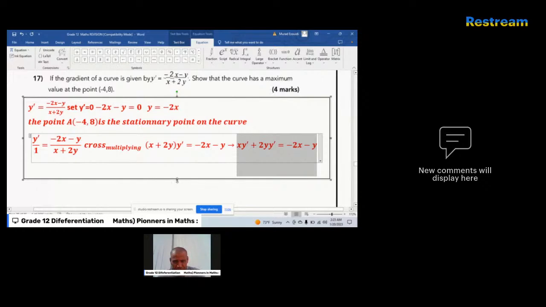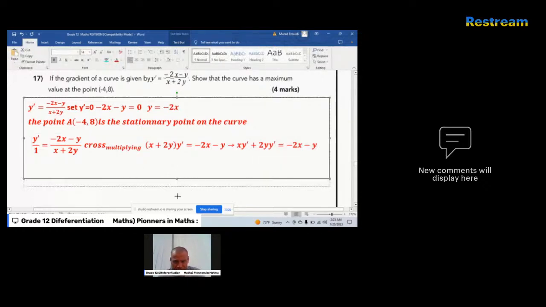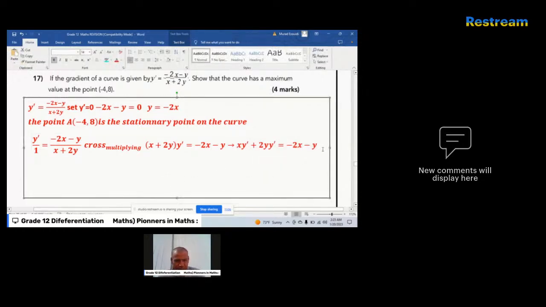I will use differentiation. Go back here. Now I will differentiate this, the derivative of this. I will differentiate x y dash.